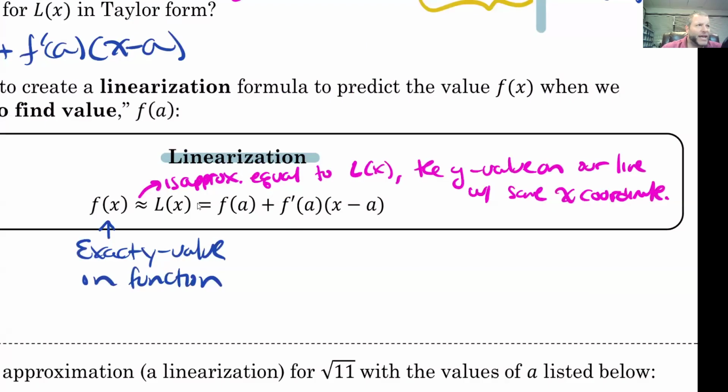And that linearization, that L of x, is once again simply Taylor's form of a line. So all of this is simply Taylor form of a line.